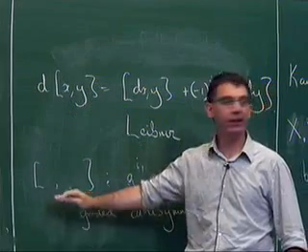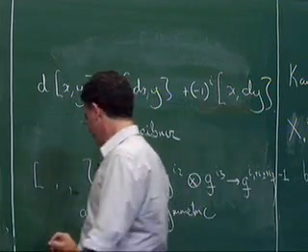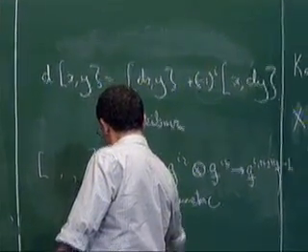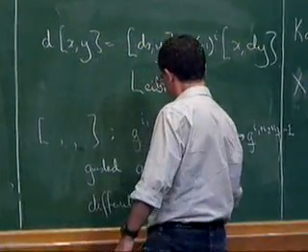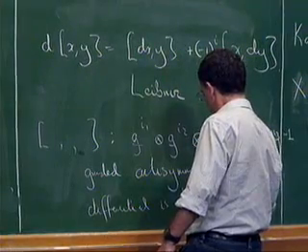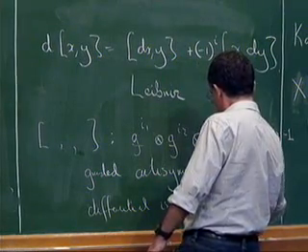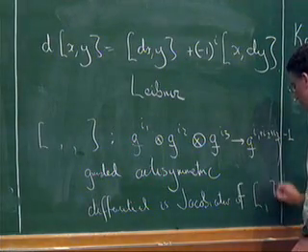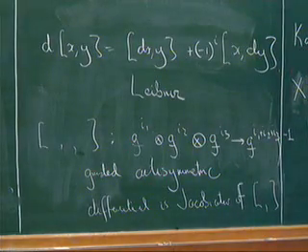So its differential is the Jacobiator. Okay? And so on.